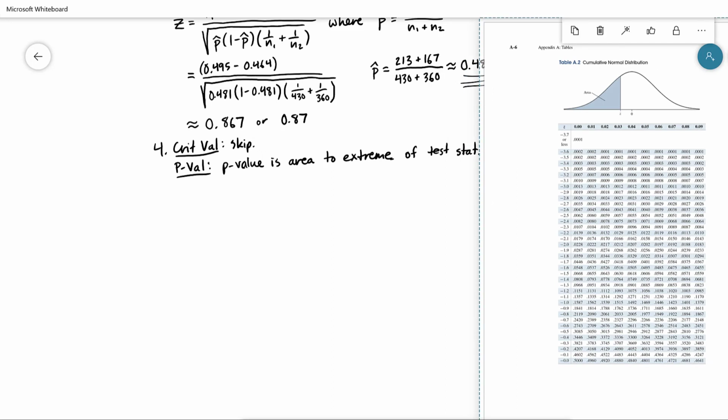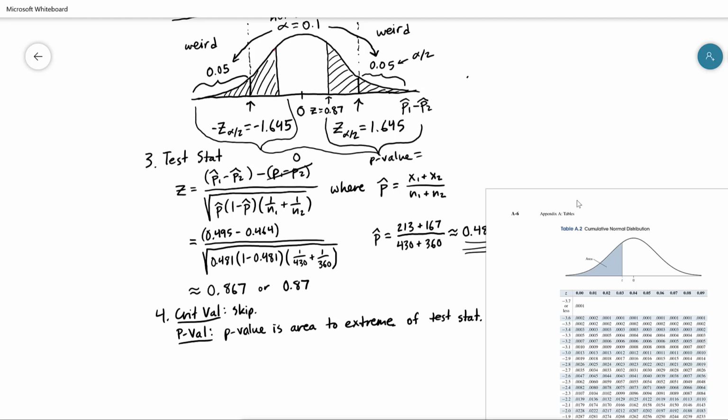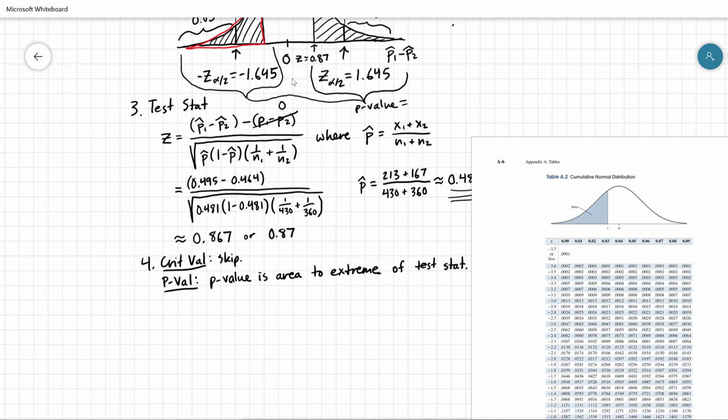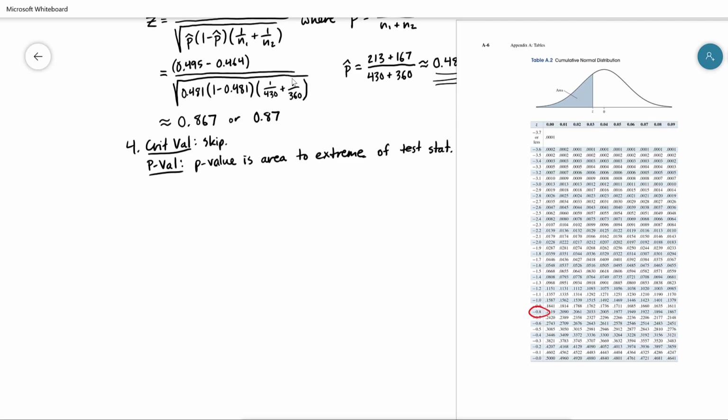Good enough. I picked the negative one, so I'm really just looking for this area over here on the left. It's the area to the left of z equals the mirror image of this, so z equals negative 0.87. So that's the number I want to use over here. So here's negative 0.8, 0.07. What number is sitting there? There's the number, 0.1922.